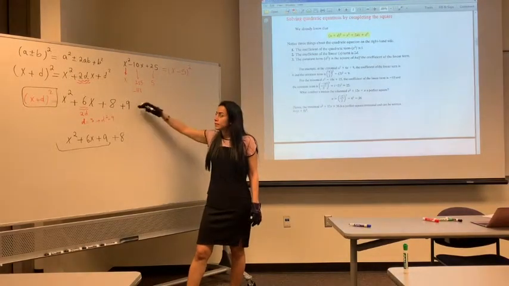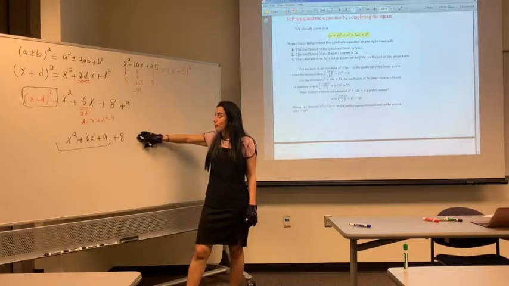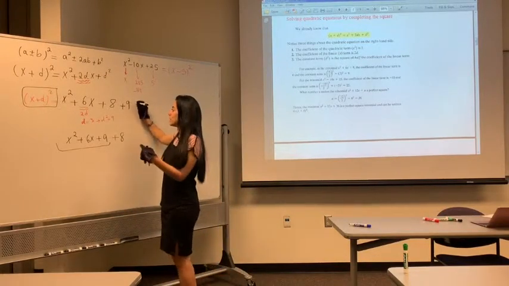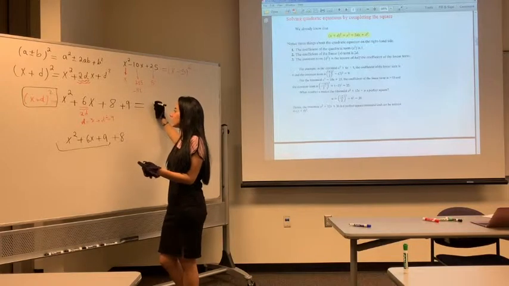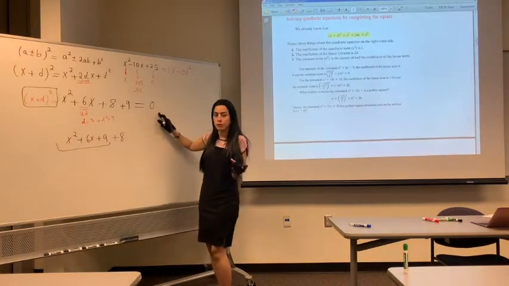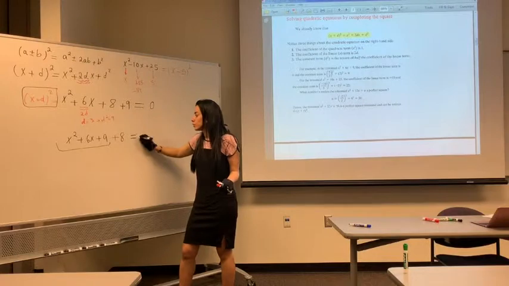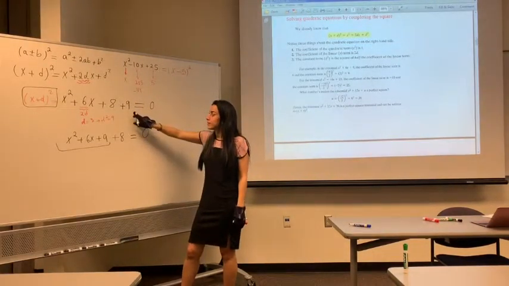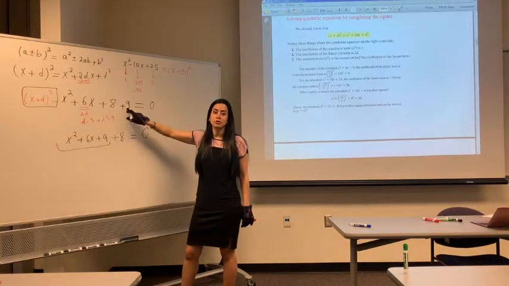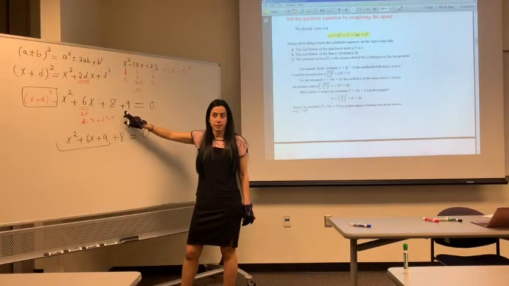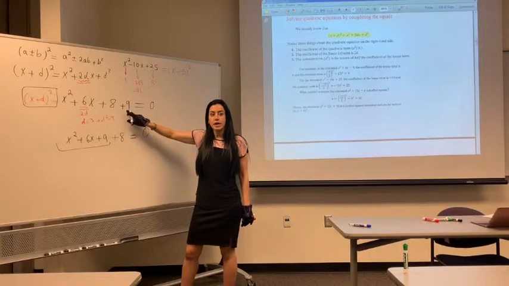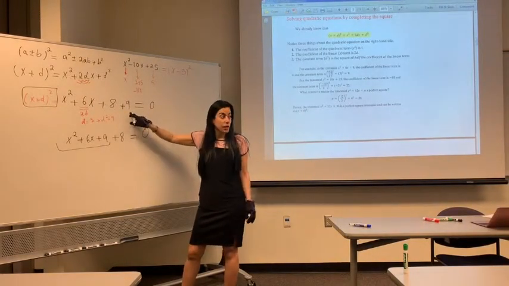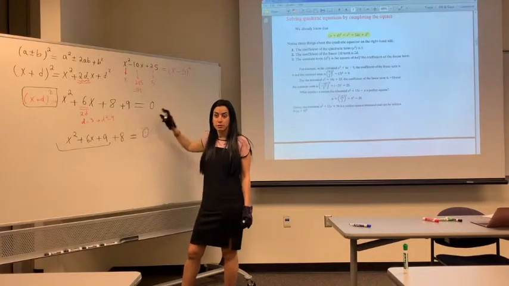But this is all the process. In real examples, we always have an equality, like equal to 0, for example, right? We have equal to 0 here. It doesn't make sense if we add 9 to just one side of this equality, correct? If we want to add anything, because this is an equality, we have to add that number to both sides, right?